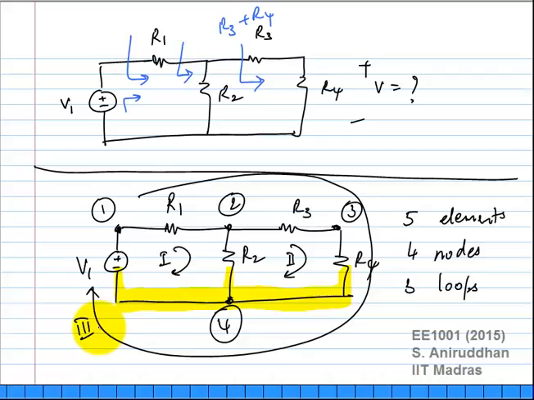There is some commonality between them. If I give you a different network, the number of dependent and independent loops will keep changing. So for a very general case, how do you figure it out?